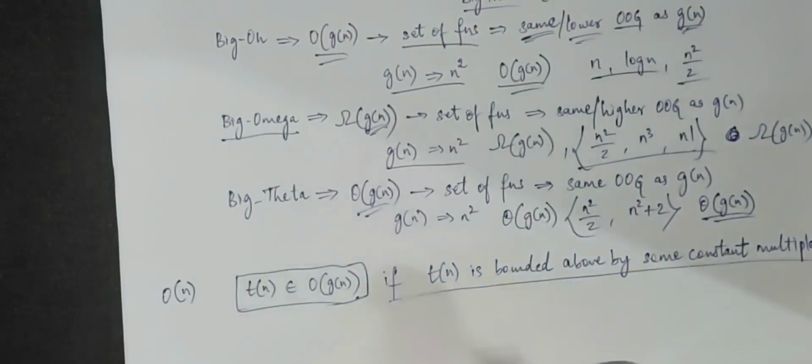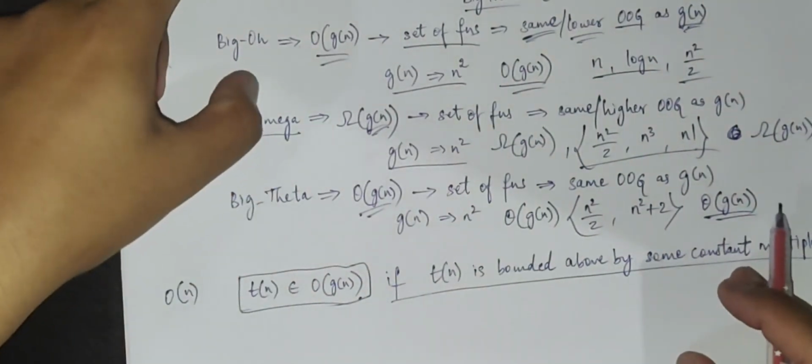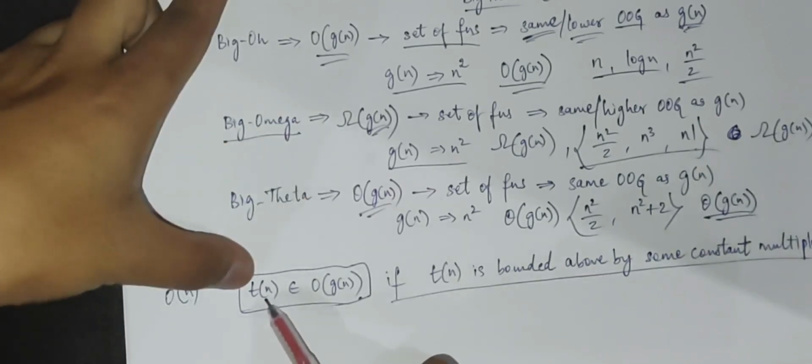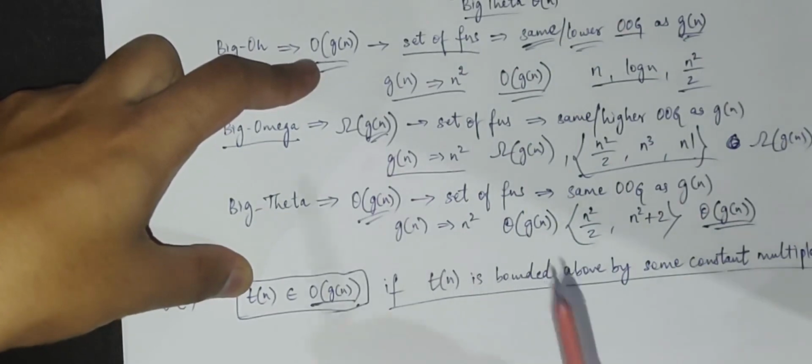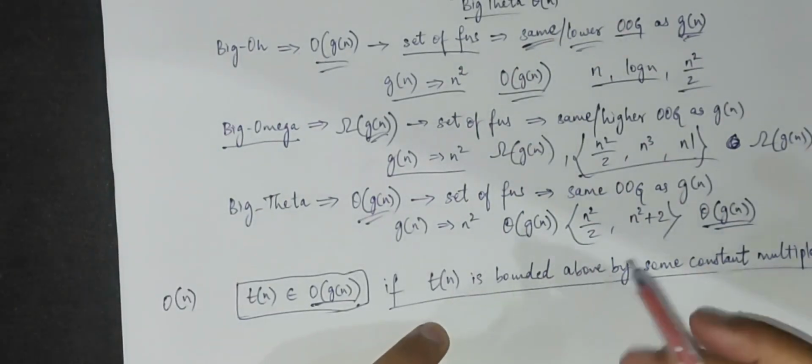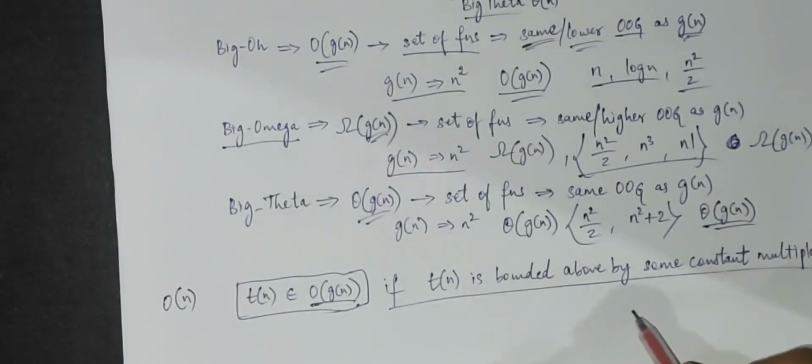So for a function t of n, where t of n is our algorithm's efficiency, we say that it is in big O of g of n, in this set of functions, only if t of n is bounded above. There is a limit above which it cannot go.